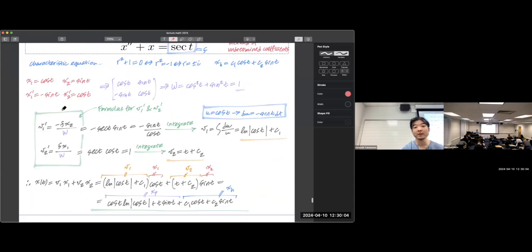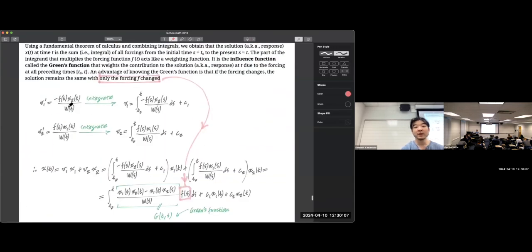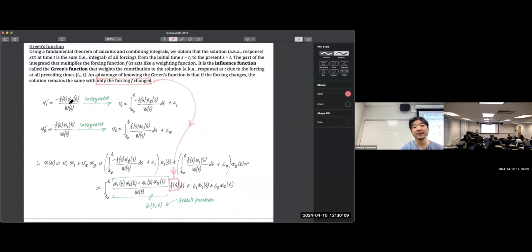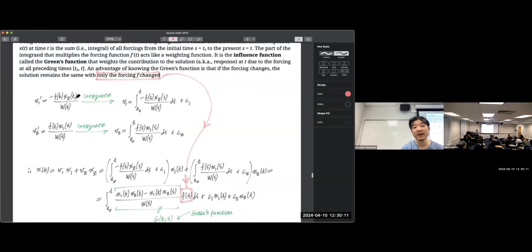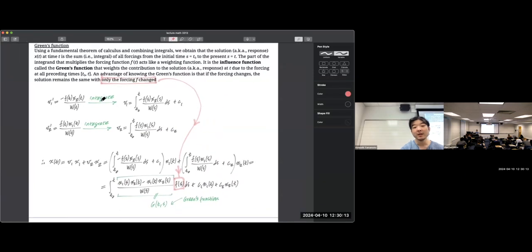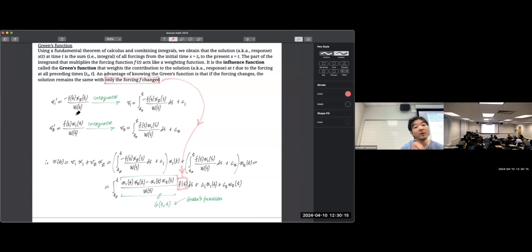So what was the whole point of the Green's function? The Green's function said that, in general, if you just had some general f of t, you integrate, but if I just kept them general, you can leave it as a definite integral using the fundamental theorem. You take the integral from initial t0 to some other t, plus an integration constant, and you write out this solution. This piece in here is the Green's function.